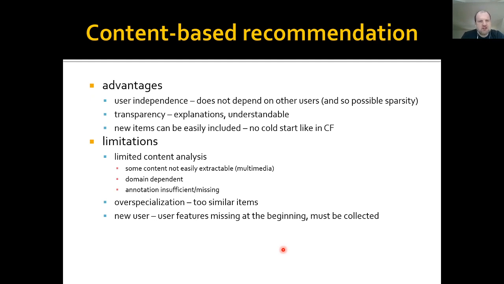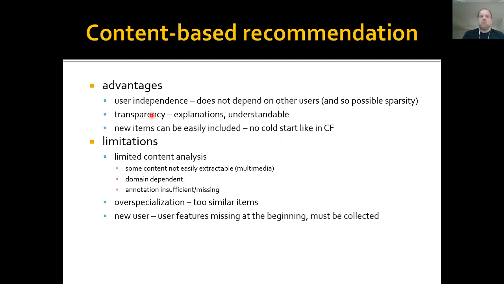Now the advantages of content-based recommendation are, as I already mentioned for collaborative filtering, the independence from other users. We do not need any other users and their ratings to start recommendation. We just need the active user and the active user's ratings, and then just the features of the items.